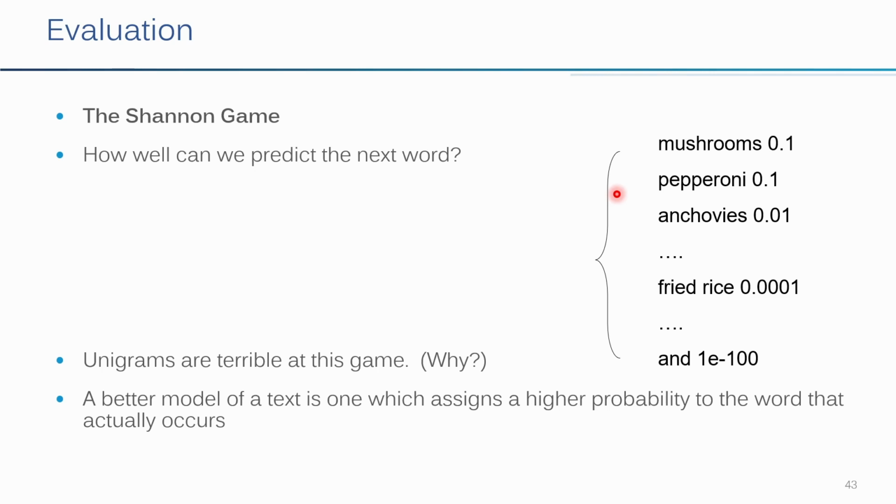Yes, evaluation. How can we predict the next word? There is the Shannon game, which is pretty much where we give a specific sentence in which we already know how well the next word will be predicted.